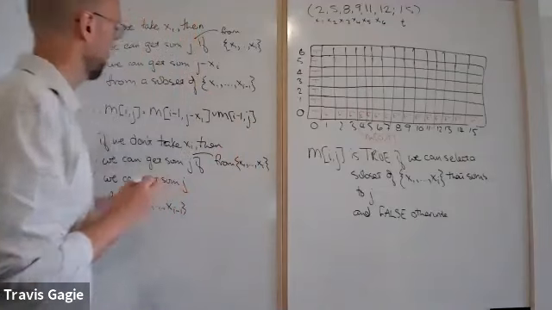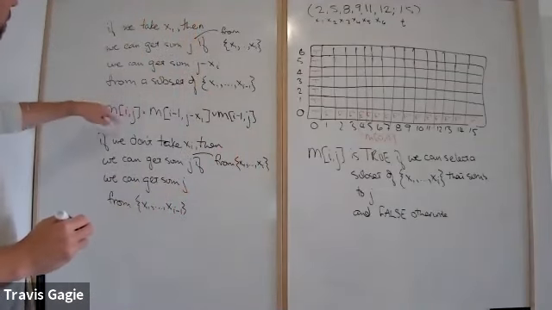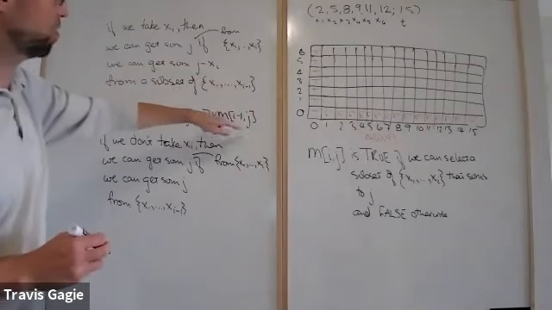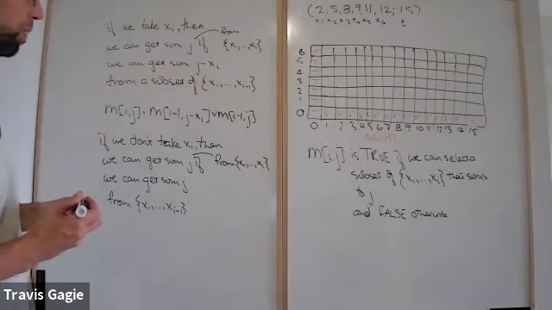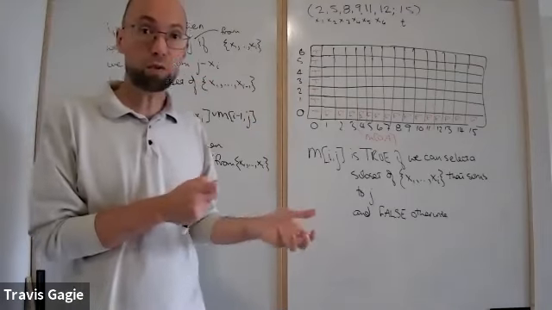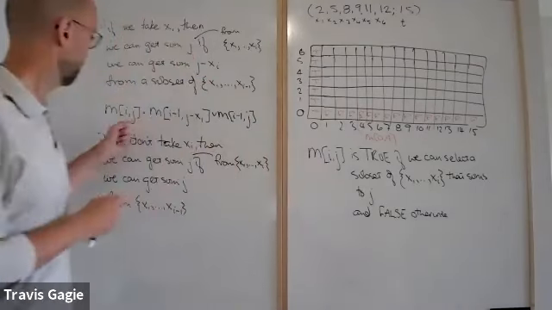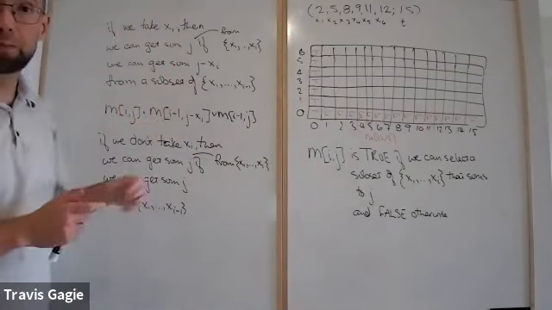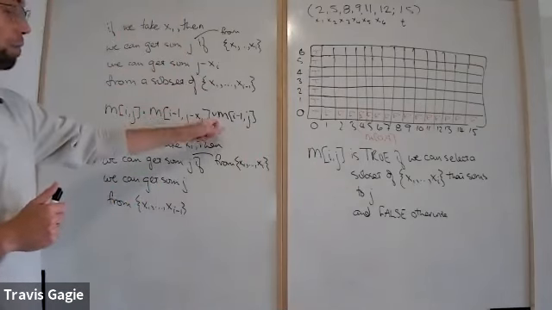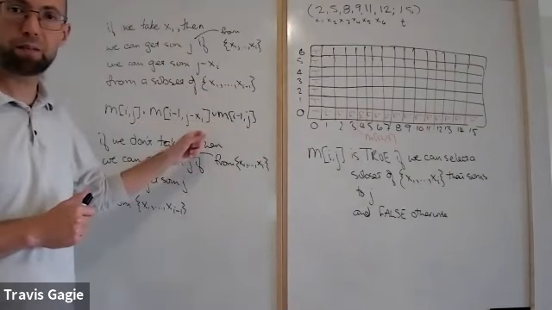So Mij is true is the disjunction of these two things. If one of these two things is true, then this is true, otherwise it's false. Good. So this is an or. Can people read that?